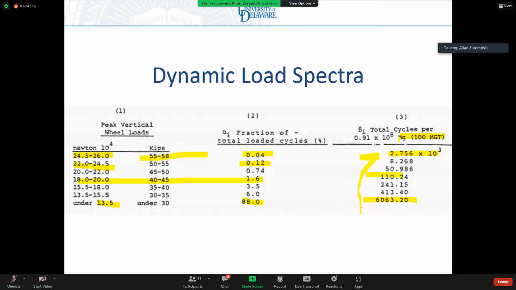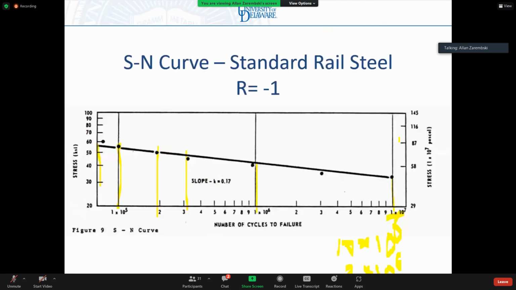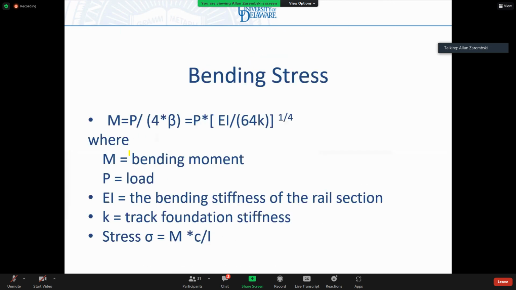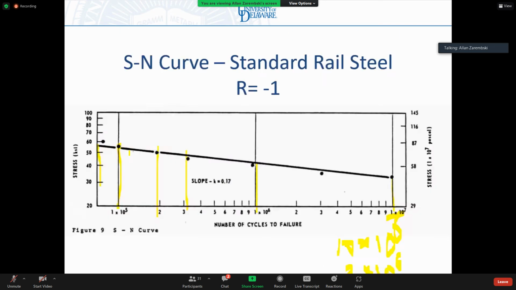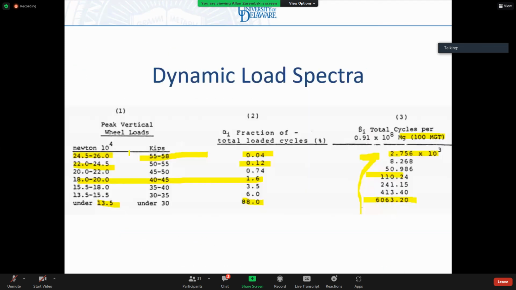And then we go back to the nonlinearity of our SN curve. What we see is that because it's an exponential relationship, only a few thousand cycles at high load can generate fatigue failure much more rapidly than millions of cycles under low load.